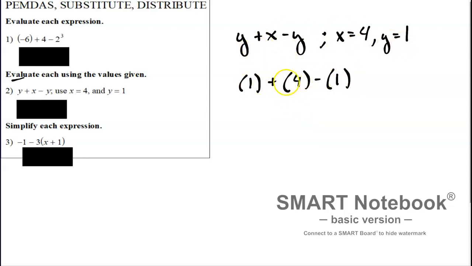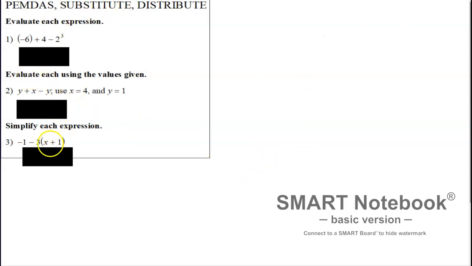I forget about this and I'm just focused here. Now I look around. Hey, is there anything else I'm missing? No. Okay, so I go PEMDAS. PEMDAS is add before subtract. So I'll go 5 minus 1, which is 4. Okay, and that is my value that they wanted. Okay, all right, so let's move on to this next one over here.